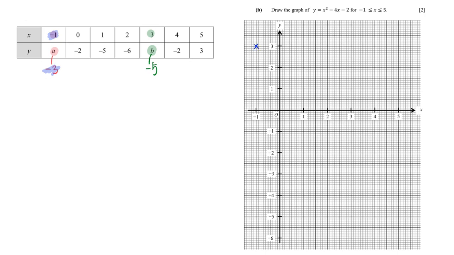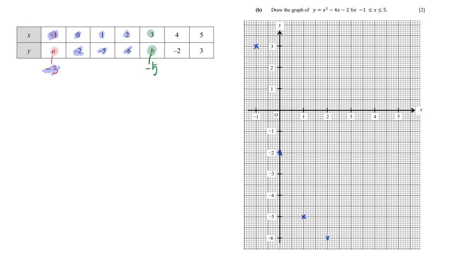As I continue to plot all the points, my next point will be 0 and -2. x is 0, y is -2 will be this particular point here. Let's continue. 1 and -5. So x is 1, y is -5. It will be here. As I zoom in and out, x is 2, y is -6.